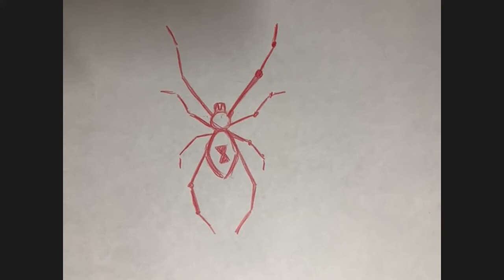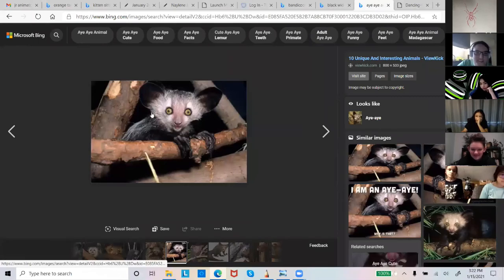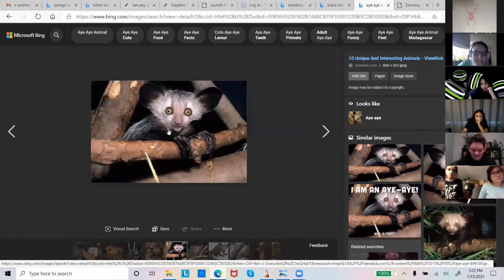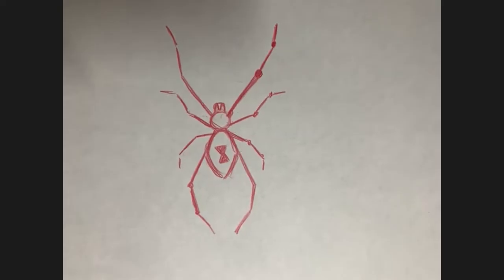All right, I'm going to share my screen to show you what I'm looking at. So this is an aye-aye, right? Isn't that crazy? They live in trees and stuff like that. So all of the pictures that I find, they're wrapping around trees. Look at their huge eyes. It's like cute and terrifying at the same time.